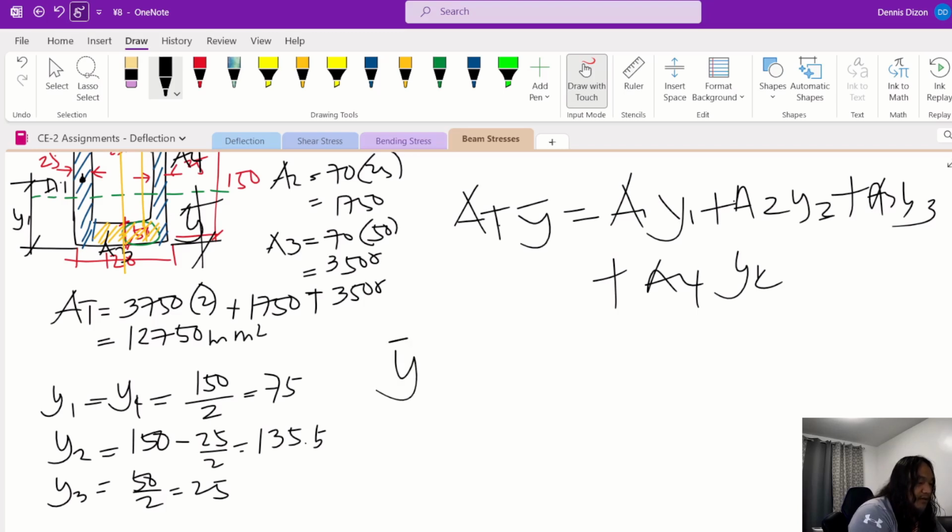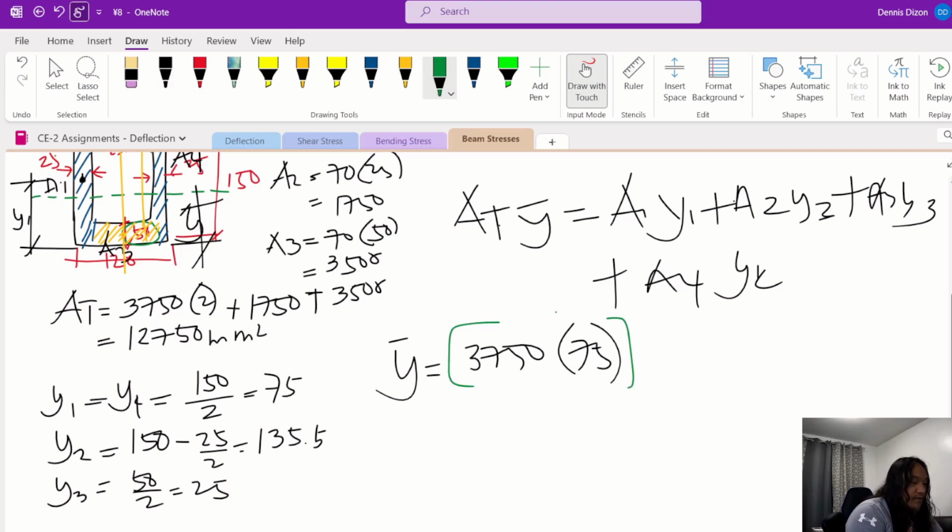Therefore, barred y is equal to area 1, which is 3750, times y1, which is 75. And since area 4 is equal to area 1, we'll just multiply this by 2.